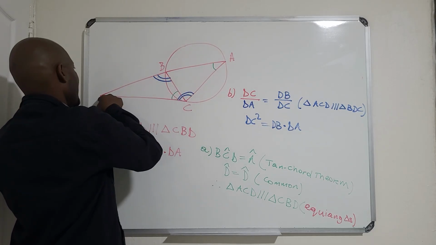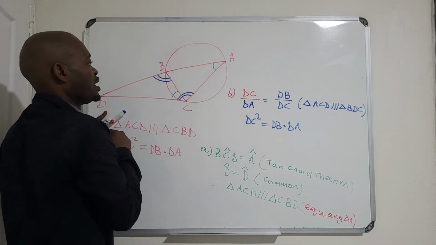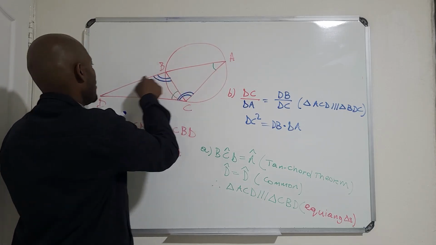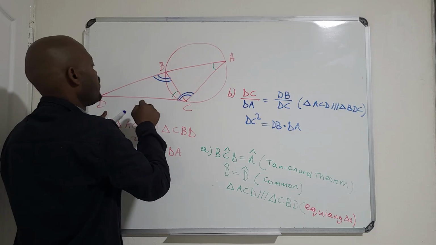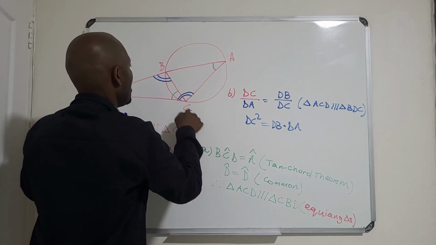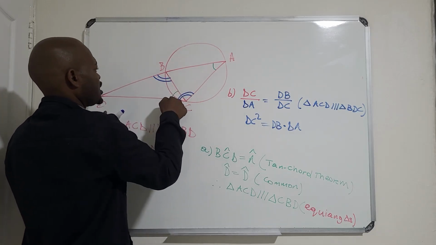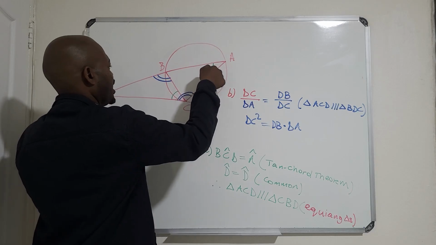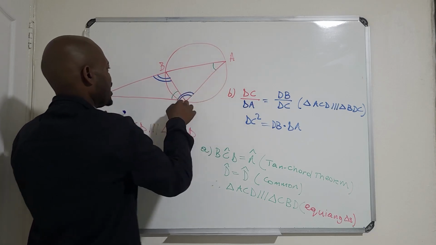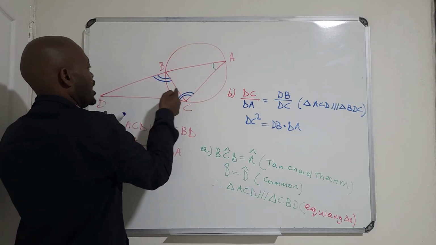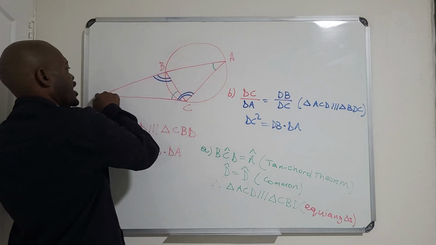That is why we have this over that equal to this over that, because this angle is subtended by that, and this angle is subtended by that.